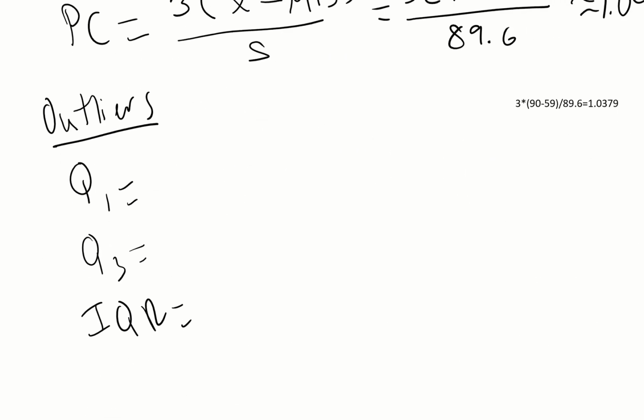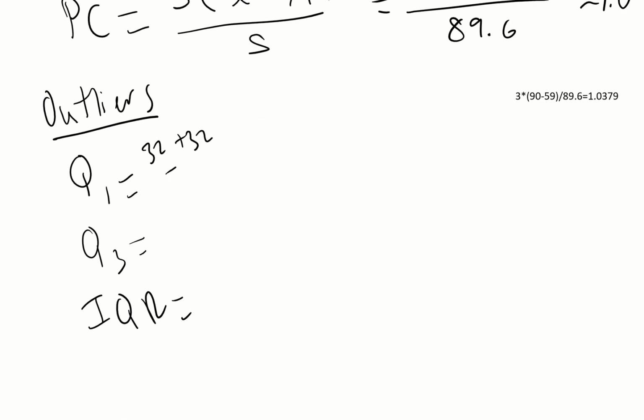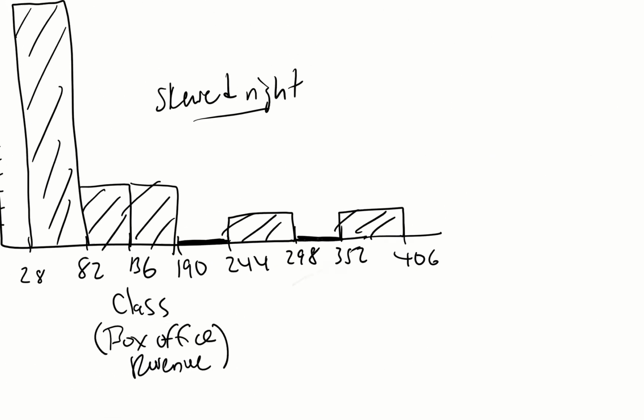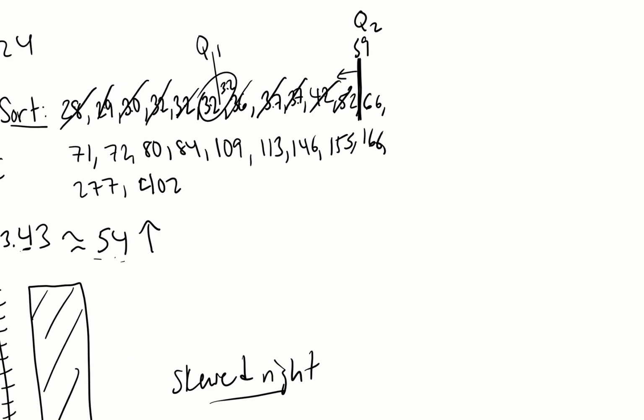But let me just show my work here. 32 plus 32 divided by 2 is still going to be 32. All right, and then let's take the third quartile, do it to the right side. And so it's between these guys, right?